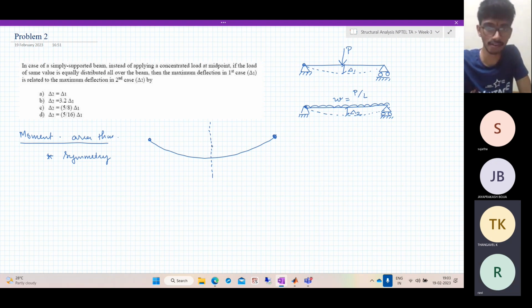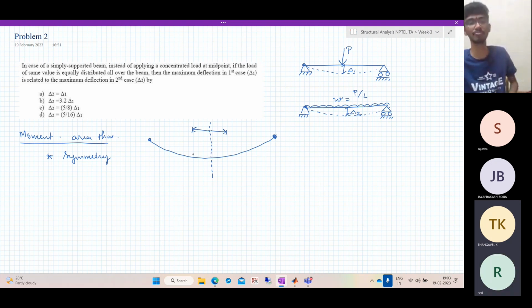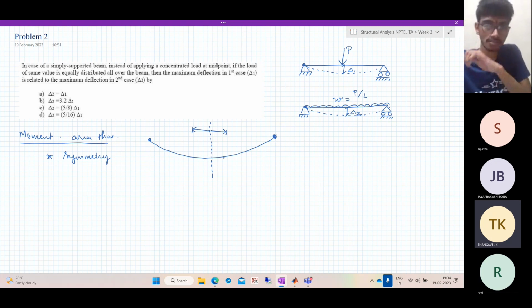So if you take 2 points at the same distance from the line of symmetry, they'll have the same displacement and the same slopes, at least in magnitude. The signs will be positive and negative because of the convention.